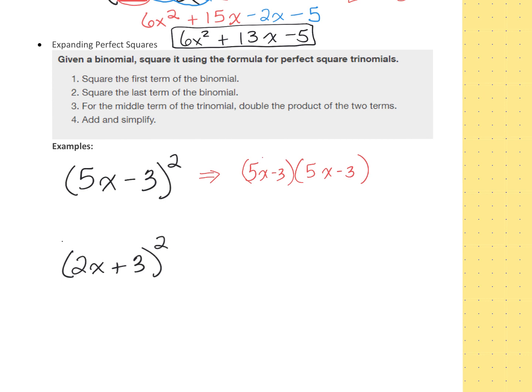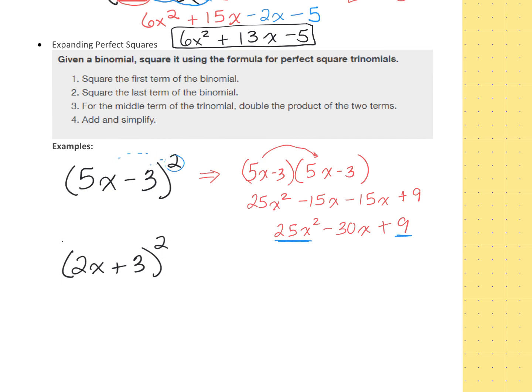And if we FOIL, because it's binomials, we'll get 25x squared minus 15x minus 15x plus 9, or 25x squared minus 30x plus 9. It's very, very common for people to want to distribute this 2, and we can't do that because that would only give us the 25x squared and the positive 9, and we would miss out on our middle term.